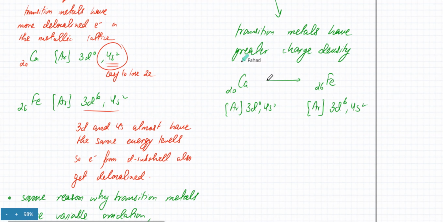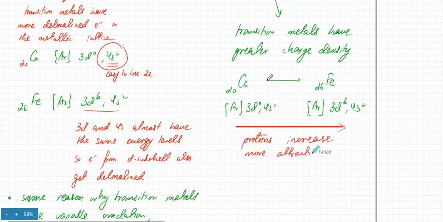It's 3d6 and 4s2. It's the same subshells. When you travel to the right of the periodic table and come across transition metals, the protons constantly increase, which means more attraction for the outer subshells.